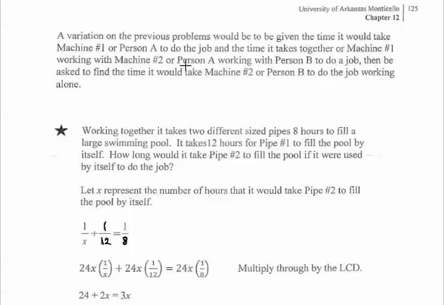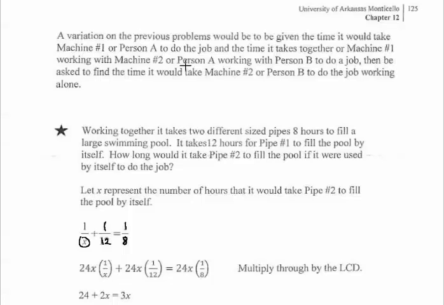What's unknown is how long it takes one of the pipes individually to fill the pool. So we don't have to give the time for both workers. We can instead give the time for one worker and then the time for the two workers together.